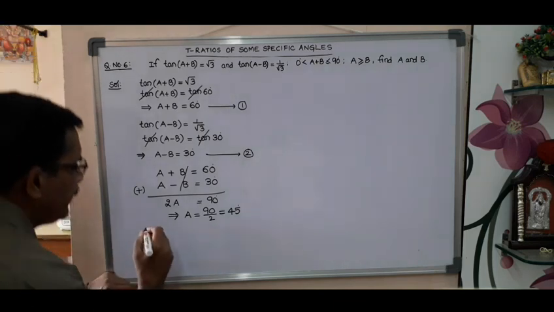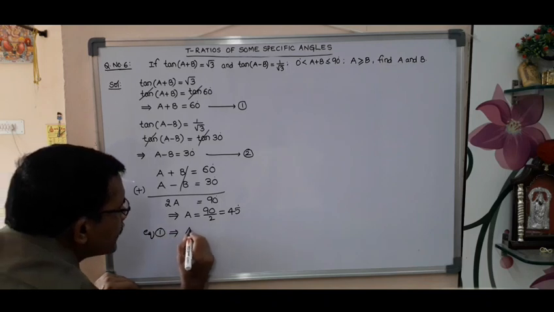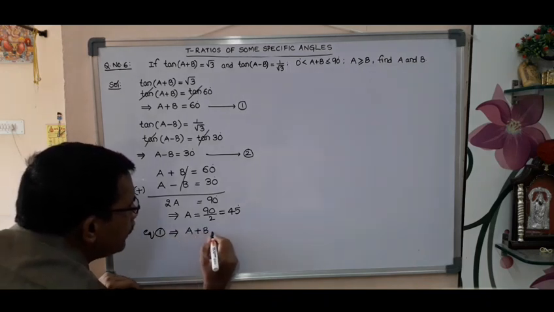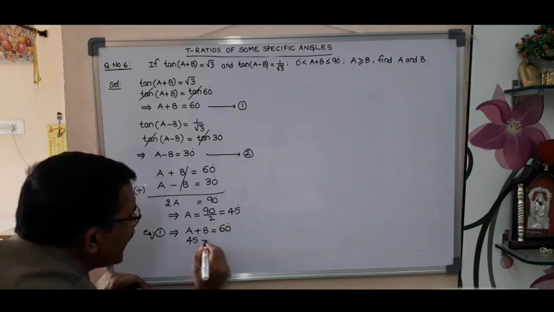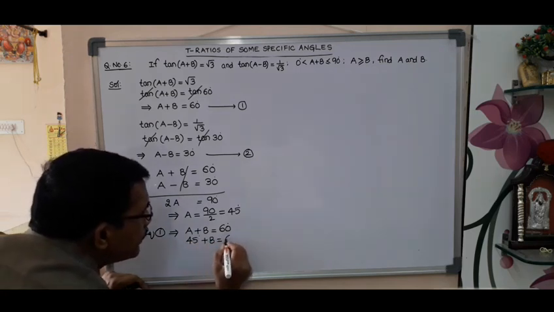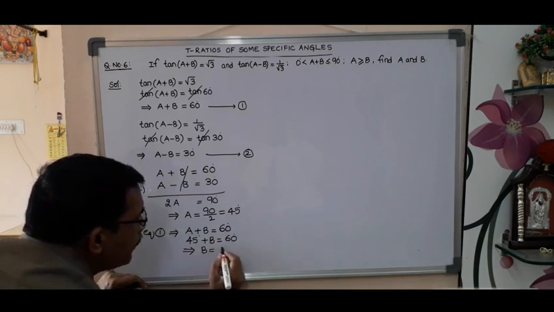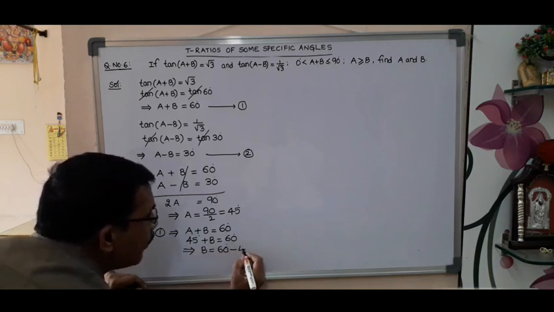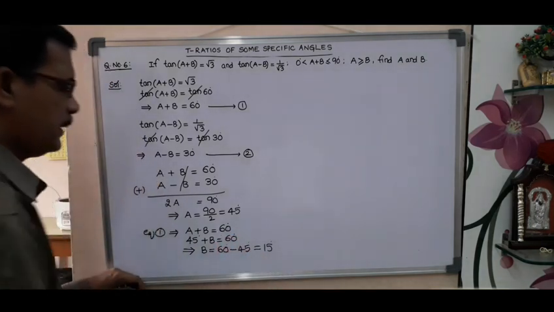So I am writing it in equation 1. a + b is equal to 60 degrees. 45 degrees plus b is equal to 60 degrees, so b is equal to 60 minus 45 degrees, which is equal to 15 degrees.